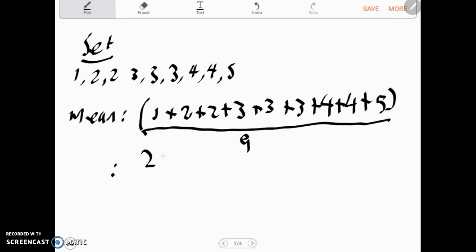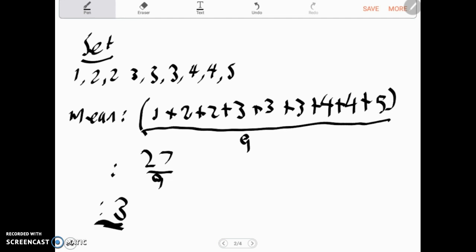So that goes to 27 over 9. All I've done is add all of these together: 1 plus 2 plus 2 plus 3 plus 3 plus 3 plus 4 plus 4 plus 5 equals 27. And we'll put that over 9, and then simplify that down. 27 divided by 9 is 3. So our mean equals 3.